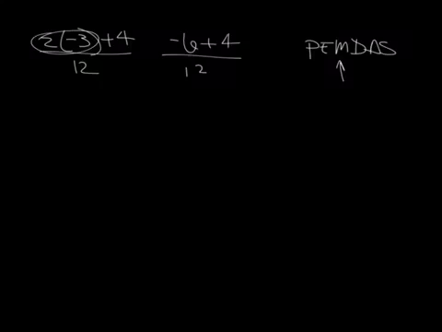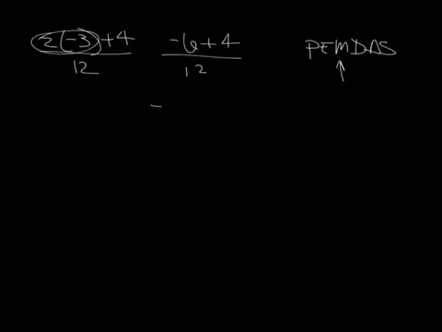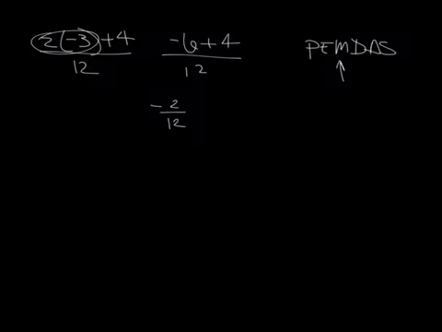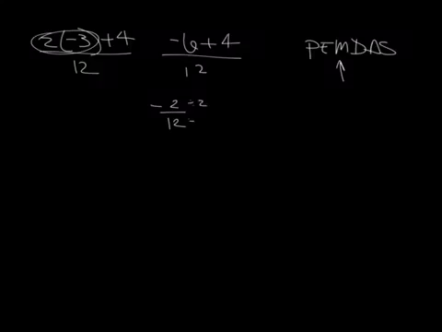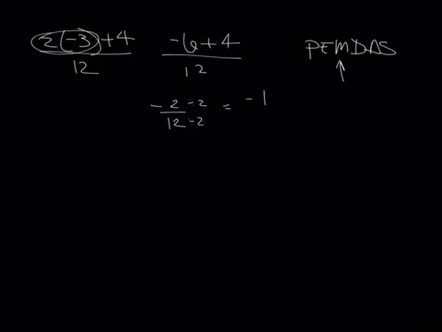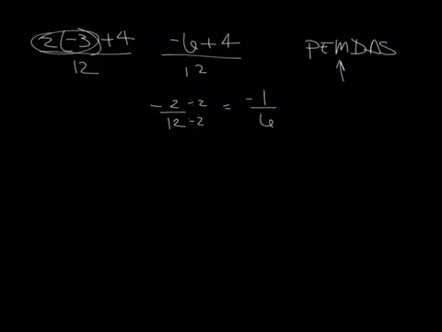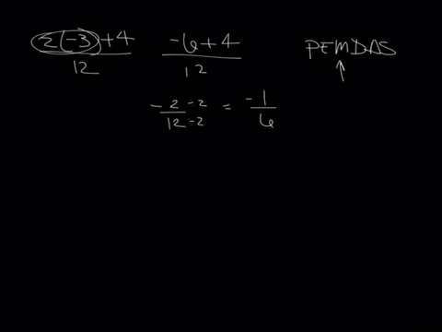Negative 6 plus 4, the biggest number is a negative, and the signs are different, so I take the difference and I put it over 12. Now, is there a way to reduce 2 over 12? Does anything go into both 2 and 12? Yes, 2 goes into 2, and 2 goes into 12. So we get negative 2 divided by 2 is 1, 12 divided by 2 is 6.